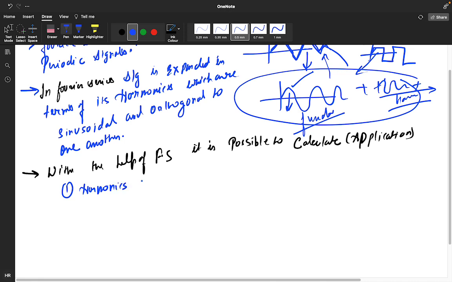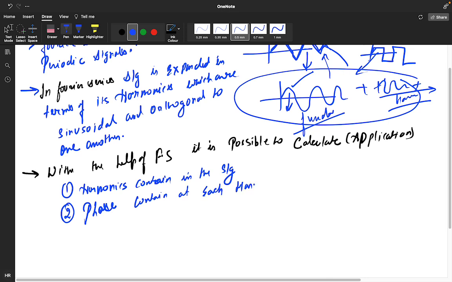Harmonics contained in the signal. Harmonics means basically impurity. Phase contained at each harmonic. Phase means angle, some angle will also be there.